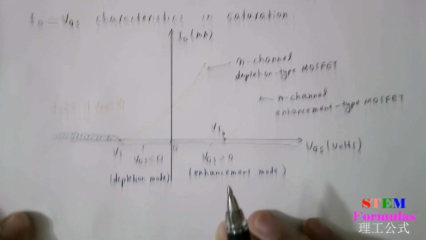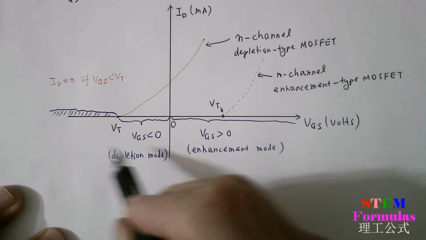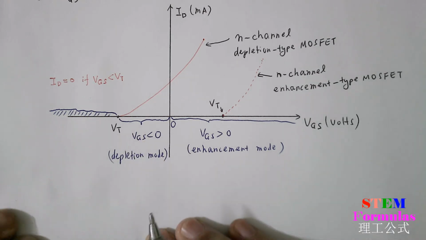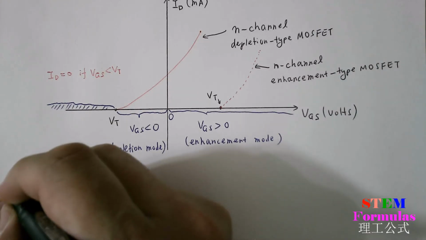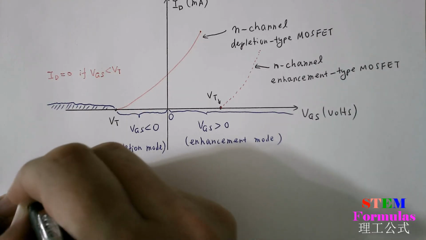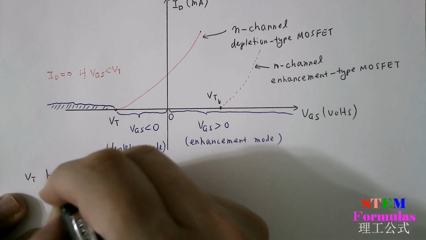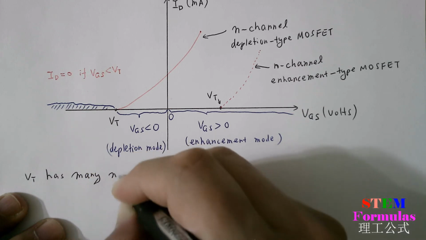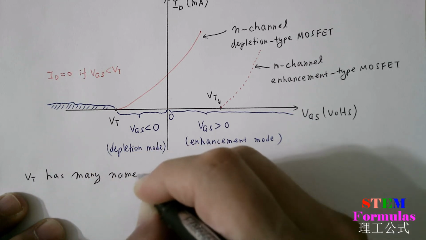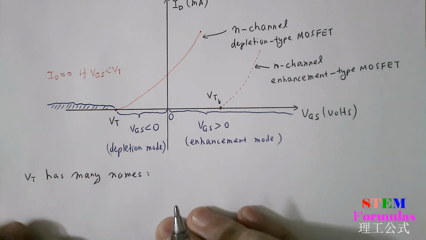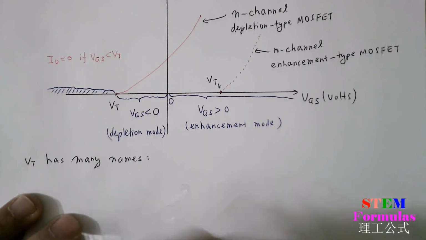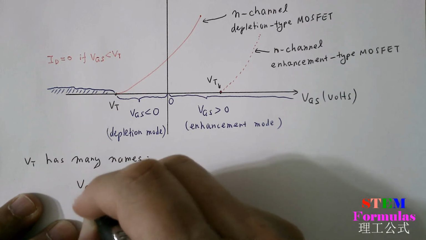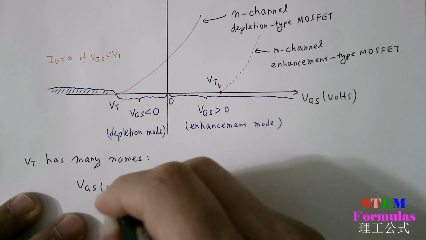Now, here we use threshold voltage VT. Okay, we write down here, VT has many names or notations. For example, VGS off.